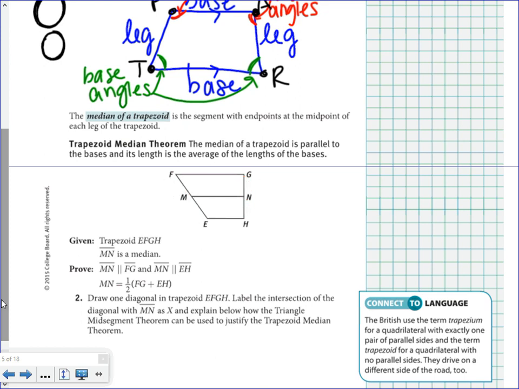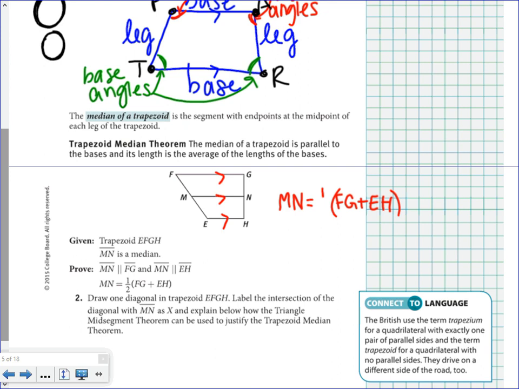So the trapezoid median theorem. The median of a trapezoid is parallel to the bases. So this is our median. It is parallel to the bases, and its length is the average of the length of the bases. So what that means, the median is MN. The two bases are FG and EH.